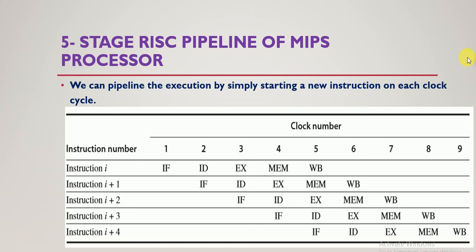In this diagram we can see that in this particular 5th clock cycle we are using write back and instruction decode in the same clock cycle. Here also, we are using write back and instruction decode in the same clock cycle. Write back uses a register, and instruction decode also uses a register.